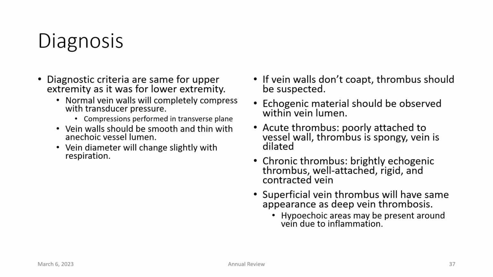Superficial vein thrombus will have the same appearance as deep vein thrombosis. We just want to remember that most of the time, if you're confused between which is superficial and which is deep, your deep is often going to be paired. It's often going to be accompanied by an artery, whereas your superficial may or may not be paired and will not be accompanied by an artery.